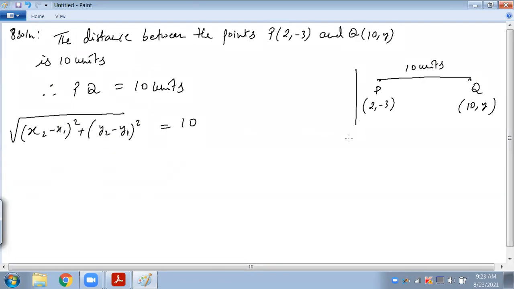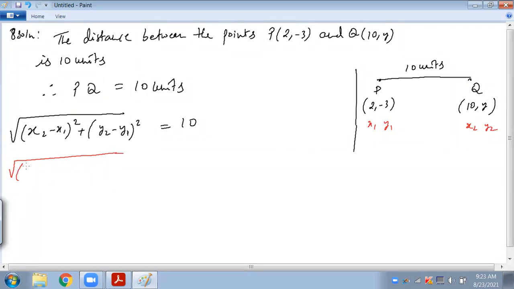Okay, now P we can take as x1, y1, and Q we can take as x2, y2. Now look at the values of x1, y1, x2, y2, and put the values.